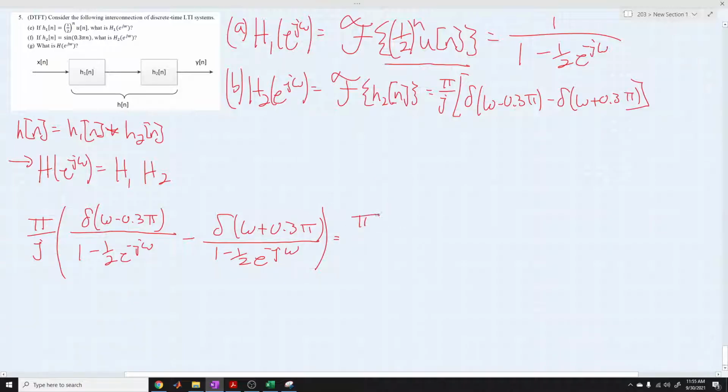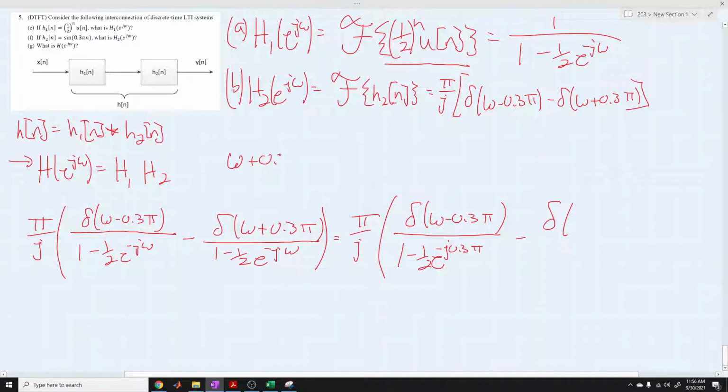So we get pi over j, delta of omega minus 0.3 pi all over 1 minus 1 half e to the negative j 0.3 pi, minus delta of, now for this one here, we have omega plus 0.3 pi.